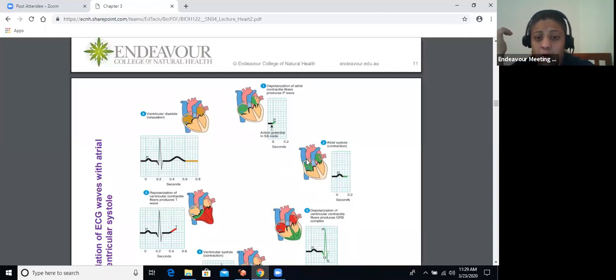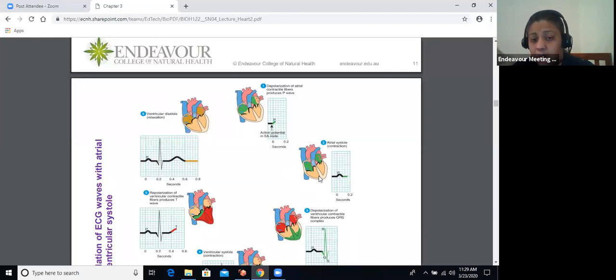Most of the blood flowing into the ventricles is a passive process. In the last part of the atrial systole, the atria begin to contract and push the last amount of blood into the ventricles.